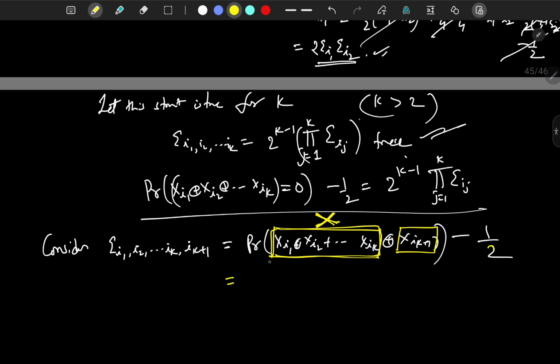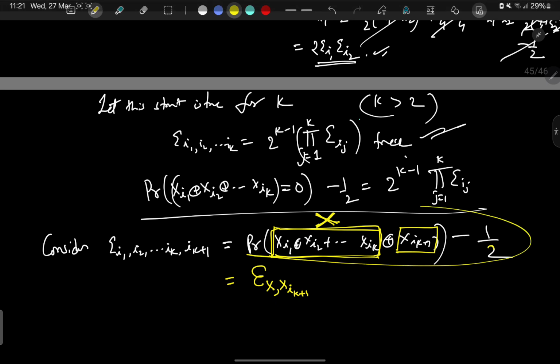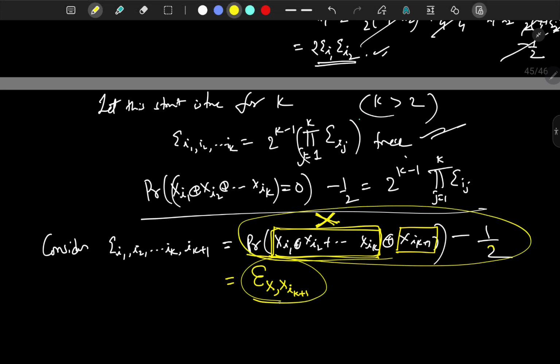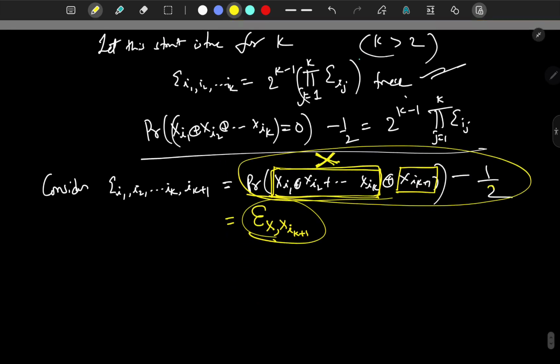This probability, the same thing, can I write like this? Can I write this whole thing as epsilon? Yes or no? Yes, I can happily write like this.